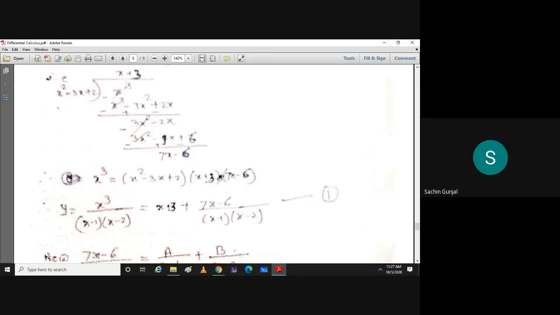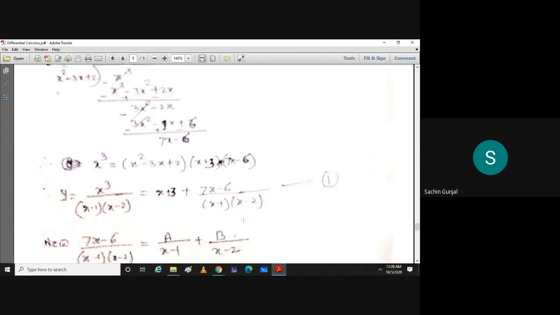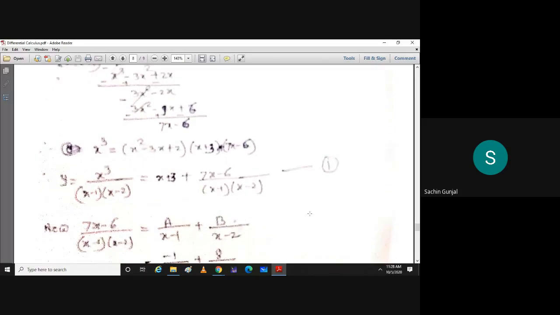So x plus 3 as it is, plus 7x minus 6 upon x minus 1 into x minus 2. Is this step clear? x cube upon x minus 1 into x minus 2 is equal to x plus 3 plus 7x minus 6 upon x minus 1 into x minus 2. Is this step clear to everyone? Yes, sir.